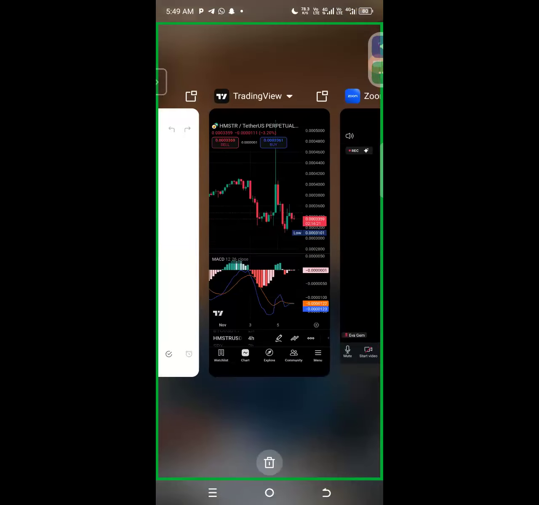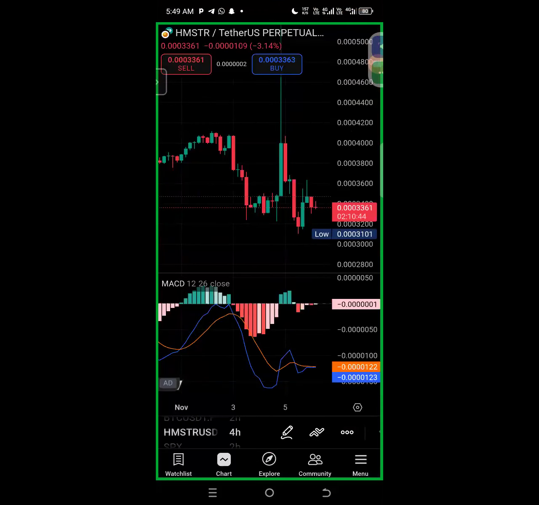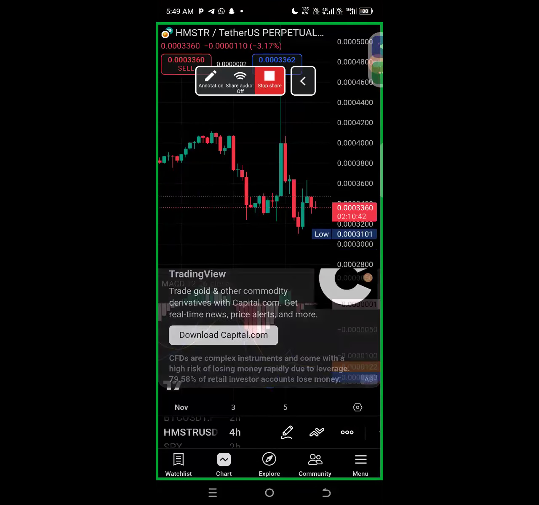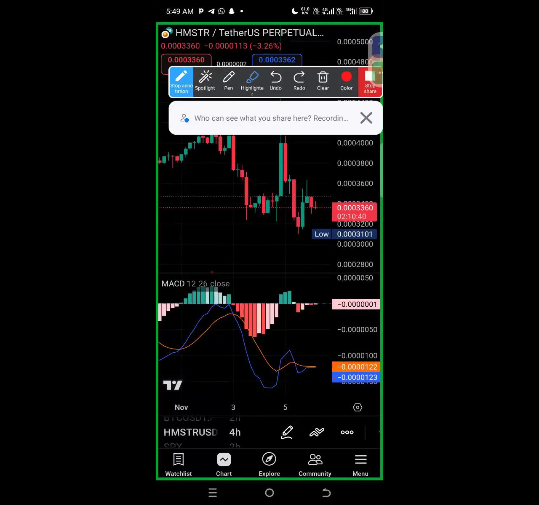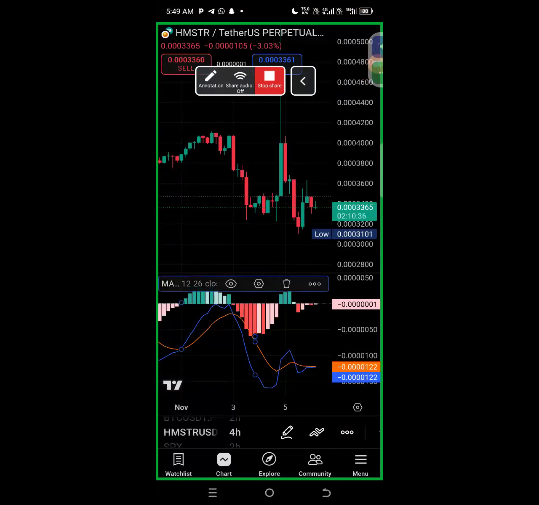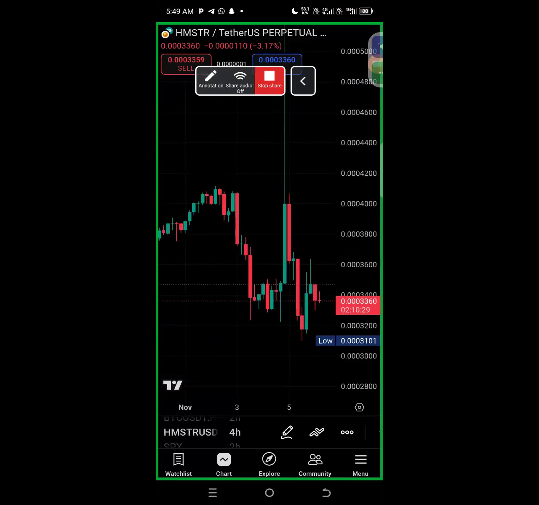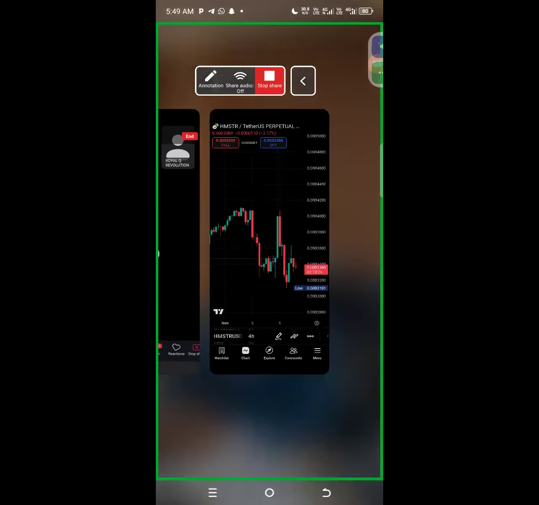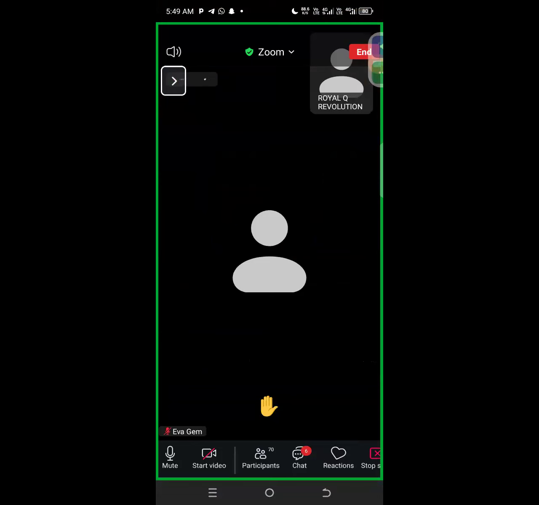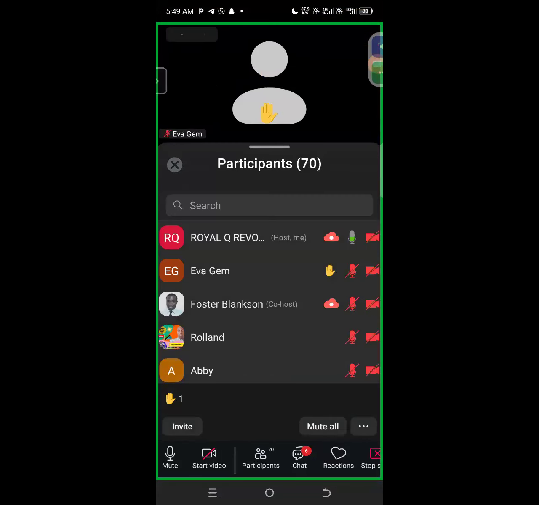If you want to delete, just come here. You see, can you see close? Just tap on close. When you tap on close, you will see the delete button. Once you tap on delete, it will disappear. All right, so go and do that.